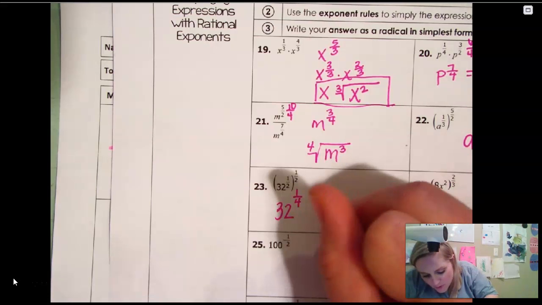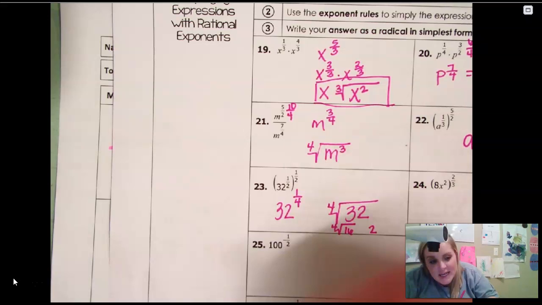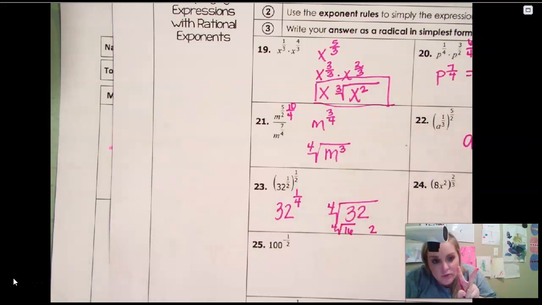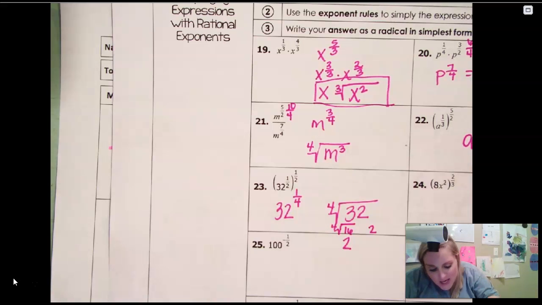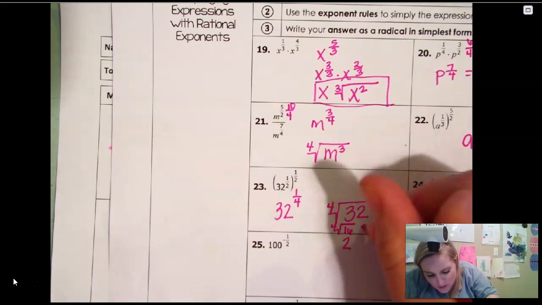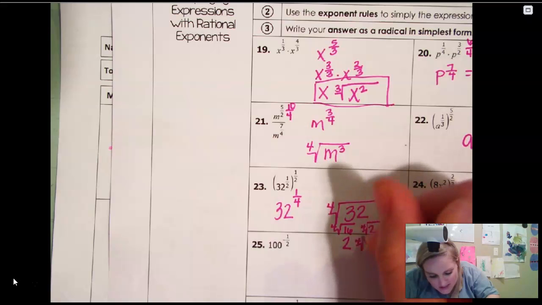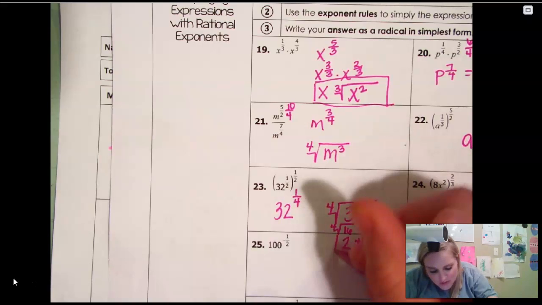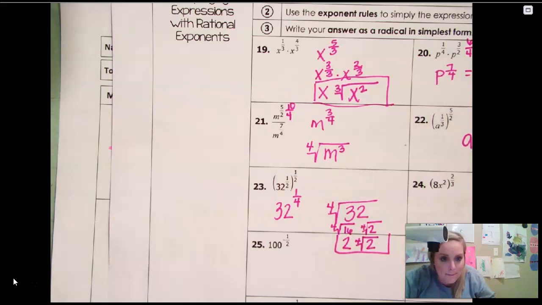The 4th root of 16 is 2. 2 to the 4th power gives you 16, so that would just be 2. And then this 4th root of 2 stays in the radical, like so. So that is your answer. Okay?